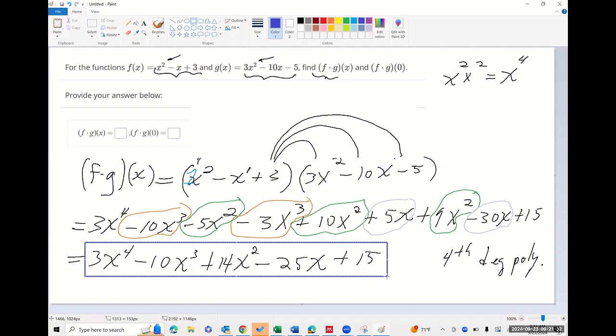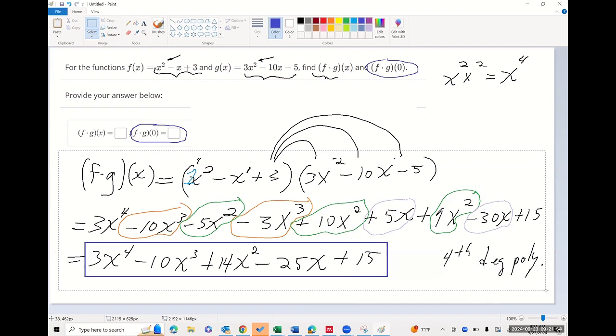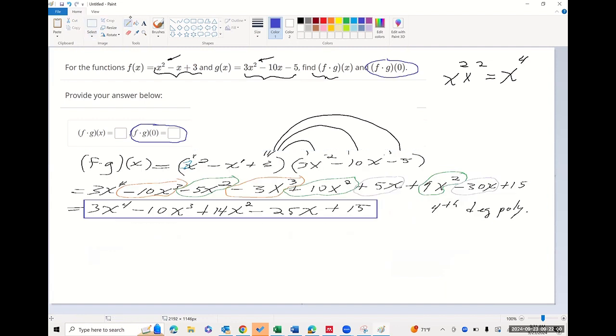Now, there's a second part to this, which has the question here. Basically, it's telling you to plug in a 0 for x. So in a few seconds, we should be able to complete that piece. What I'm going to do is take our new product of functions and plug in a 0.